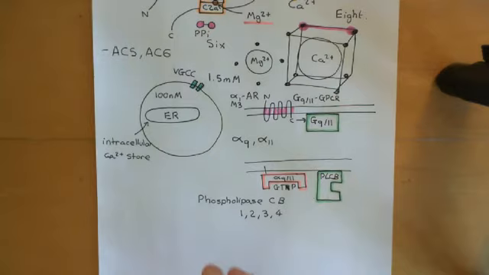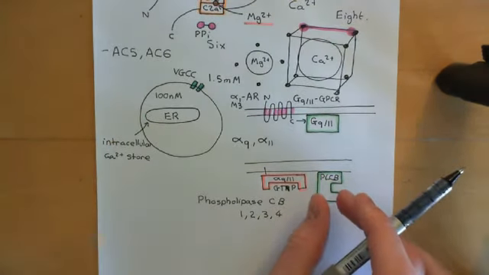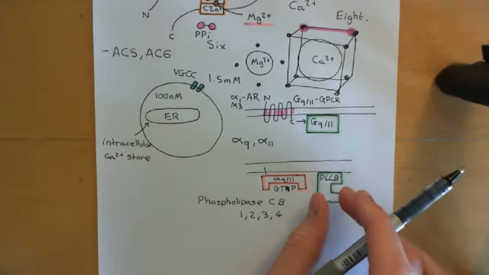So PLC beta is this enzyme that is all the time relocating around the cell. Sometimes it will be floating in the cytoplasm, other times it will be attached to the underside of the plasma membrane. So it's capable of relocating itself. However, it's never going to be active until the alpha q/11 subunit activates it. Just attaching to the underside of the phospholipid bilayer is not good enough to activate it.